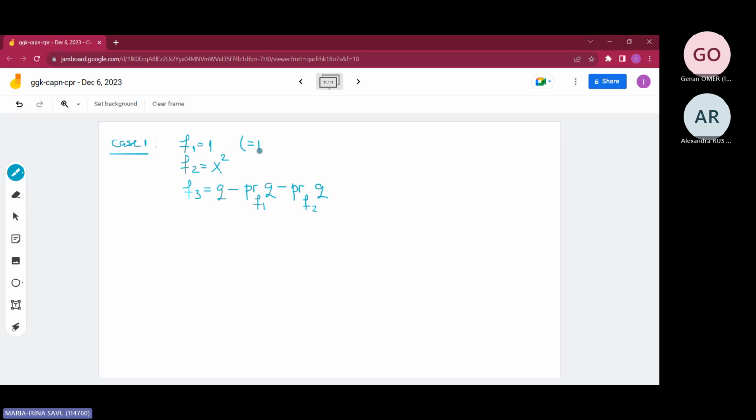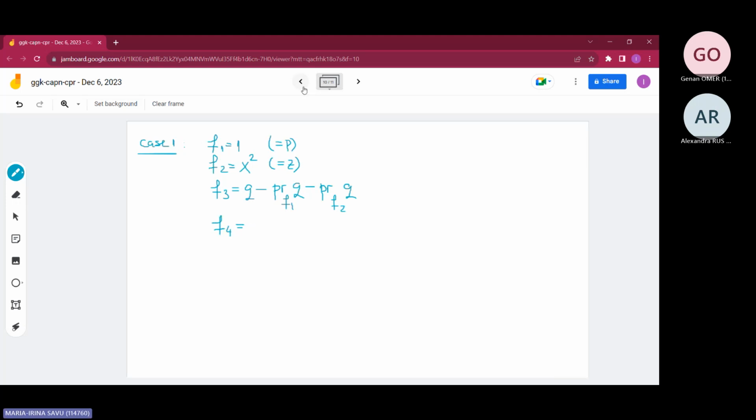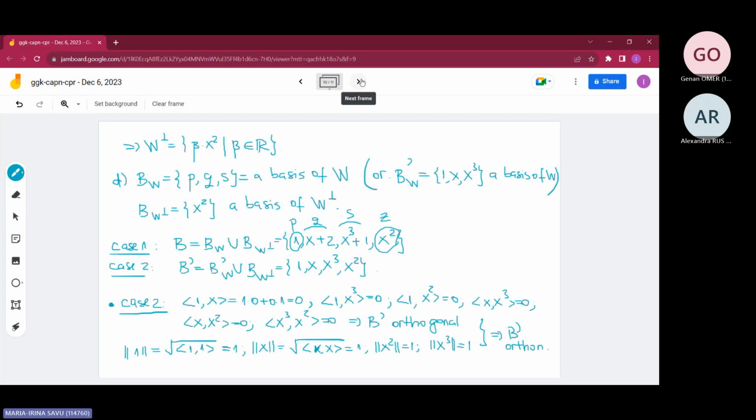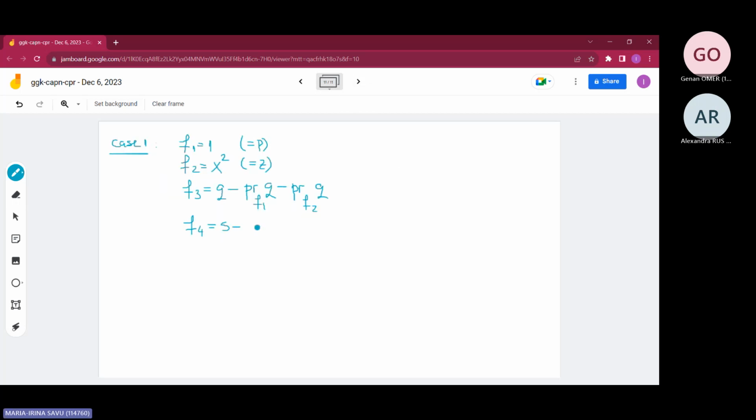I'm working now with Q. After F4, I have S, so I have S minus the projection of S onto F1 minus the projection of S onto F2 minus the projection of S onto F3.